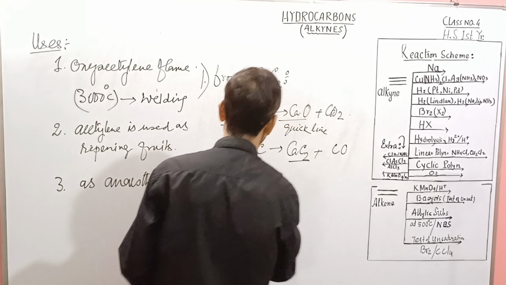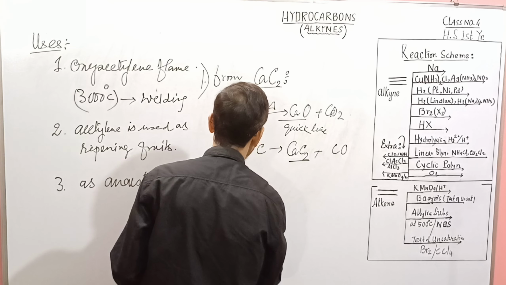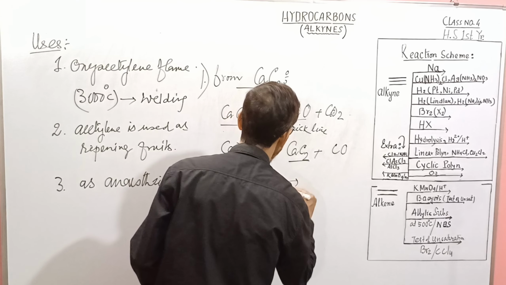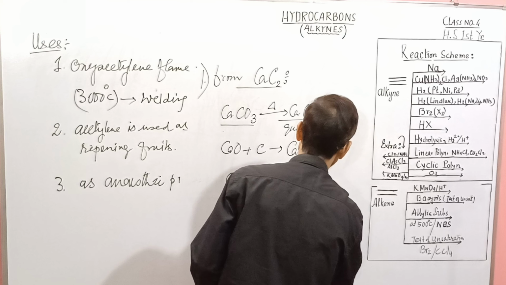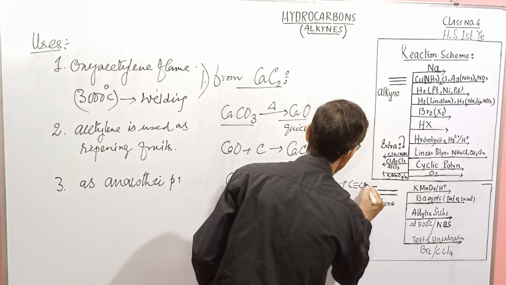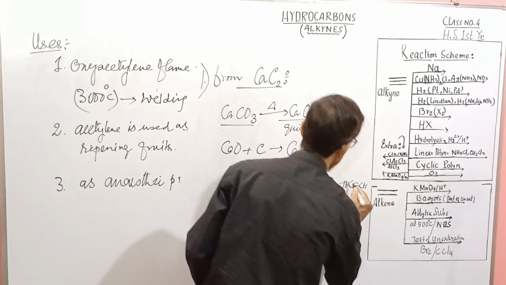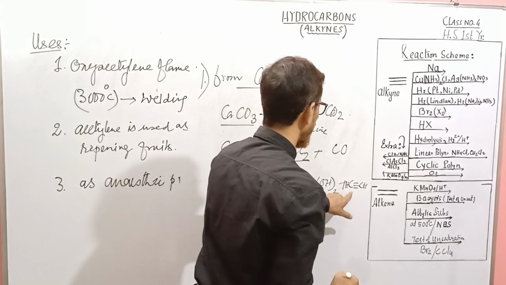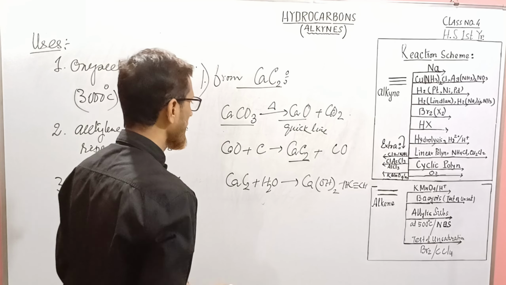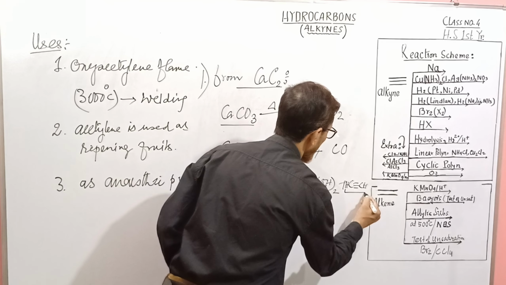When calcium carbide reacts with water, it gives calcium hydroxide plus acetylene, C2H2. This is the preparation of acetylene.